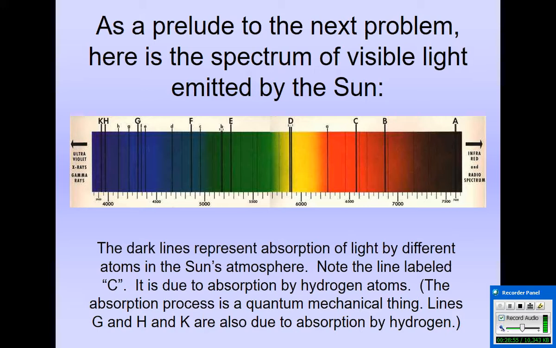Some of these have labels. As you can see, there are some with relatively large letters, some with relatively small letters, some with no letters associated with them whatsoever. Now, I want to point out the line labeled capital C. That line labeled capital C, along with G and H and K, is indicative of the presence of hydrogen atoms in the atmosphere of the sun.